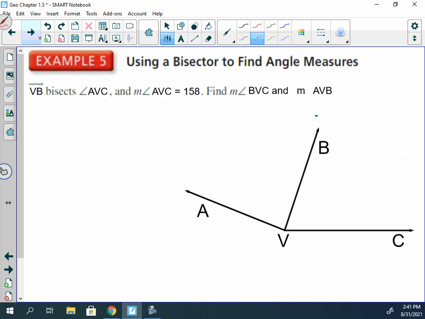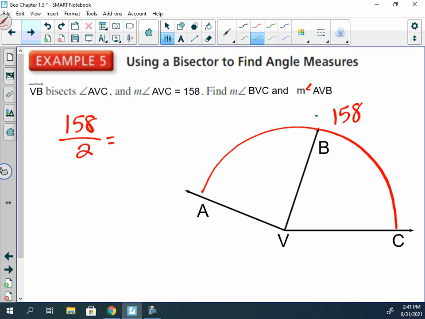Okay. Well, the next one tells us that VB is an angle bisector. VB bisects angle AVC. And the measure of AVC, the whole thing, is 158. Find the measure of AVB and the measure of BVC. Right, because since it bisects it, we can take 158 and divide it by 2 because it cuts it in half, and half of 158 is 79 degrees.